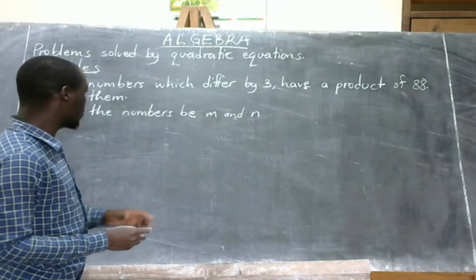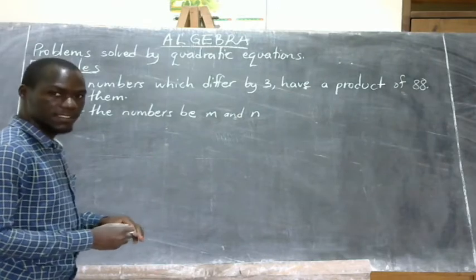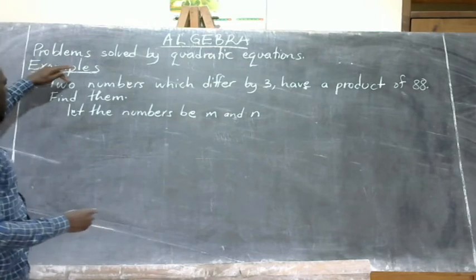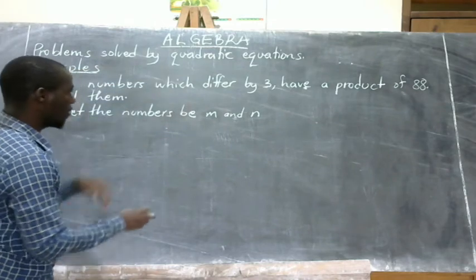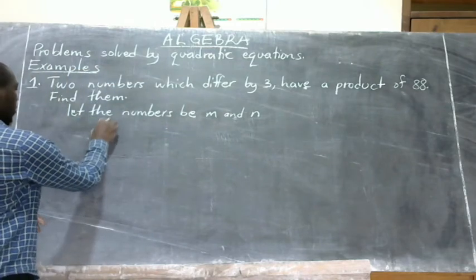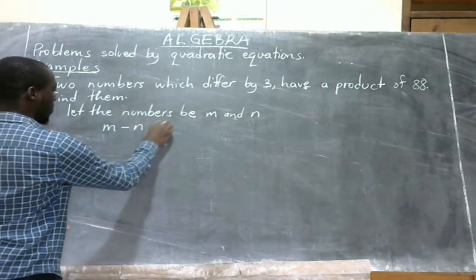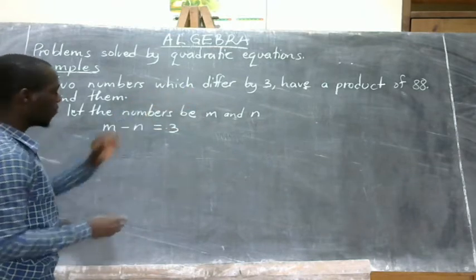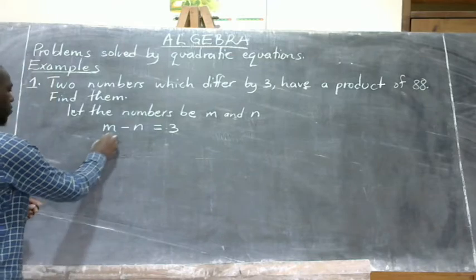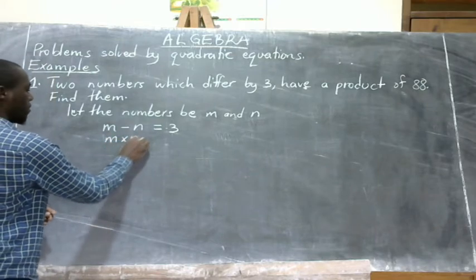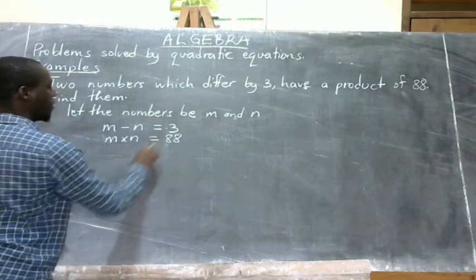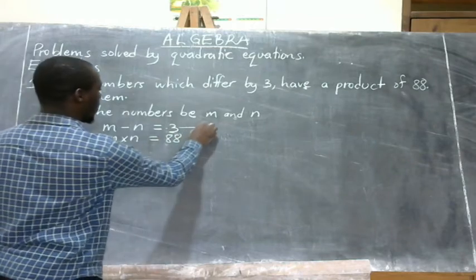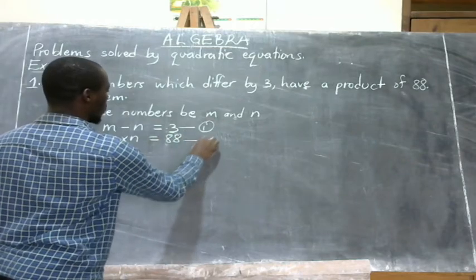If I let the numbers be m and n, they have said they differ by 3. That is, the difference between them is 3. Then their product is 88. When I multiply m times n, I get 88. So here I have my two equations.